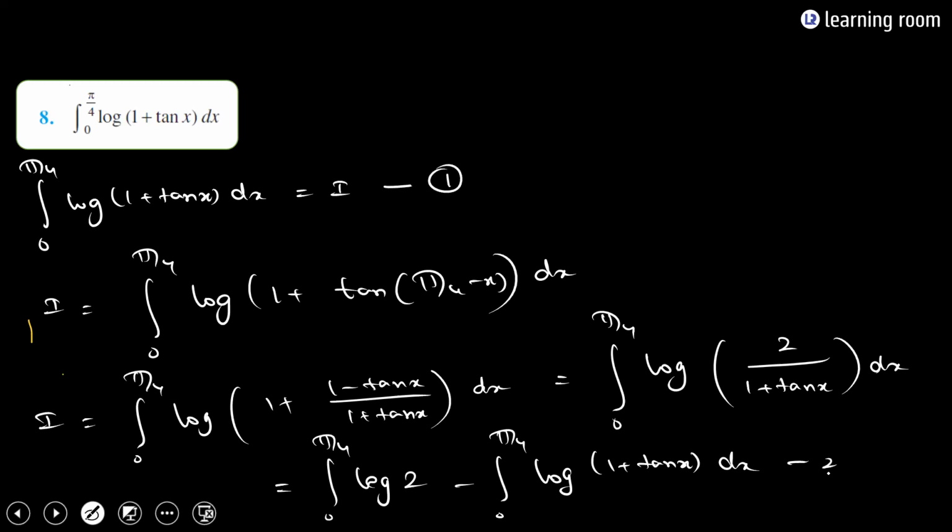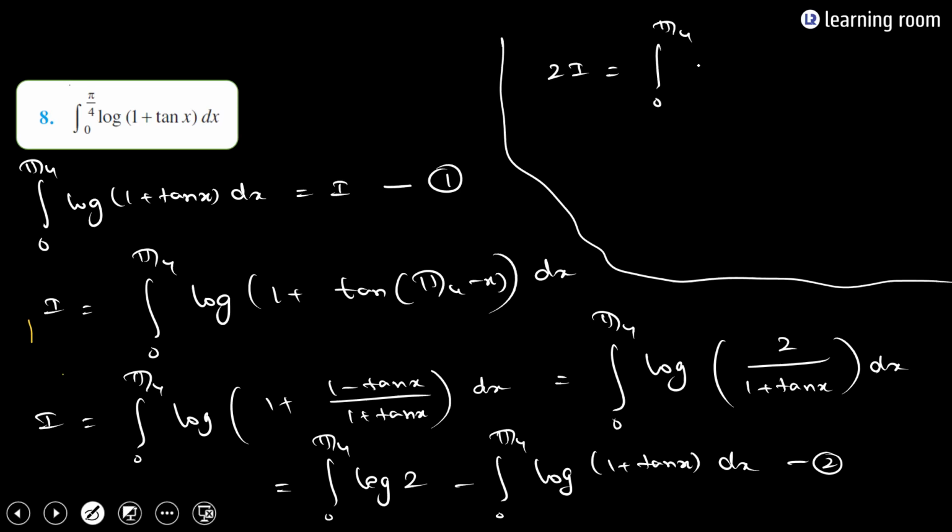So this is equation 1, this is equation 2. When I add both, 2I will be equal to... what will get cancelled? Log of (1 plus tan x) and the negative log of (1 plus tan x) will get cancelled. So I'm left with integral of 0 to pi by 4 log 2 dx. So 2I will be equal to log 2 into integral of dx, which is x between 0 to pi by 4.